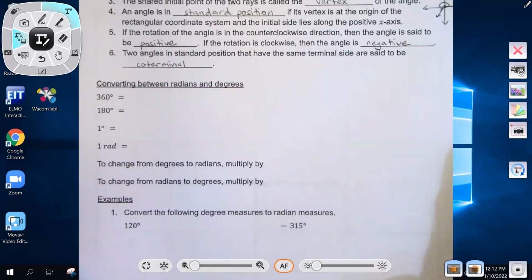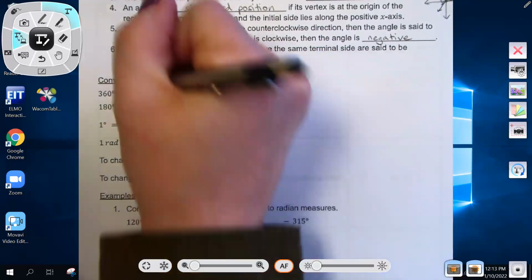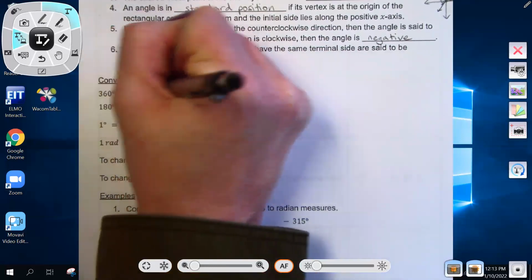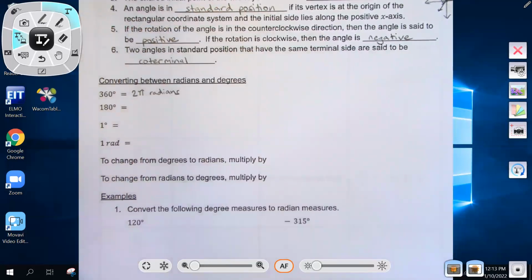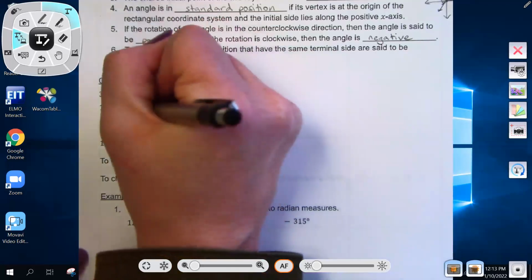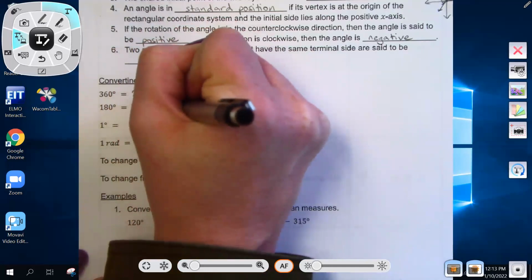So 360 degrees is the same as 2 pi radians. 180 degrees is pi radians.